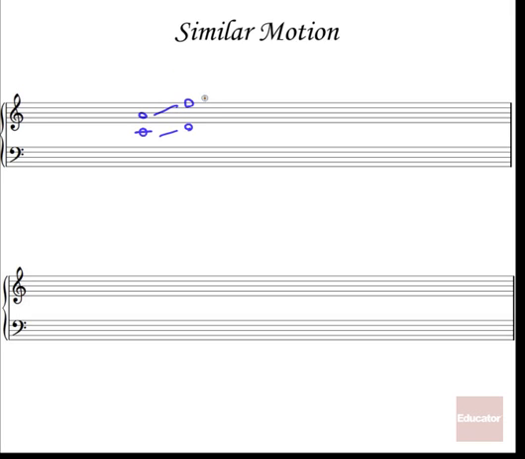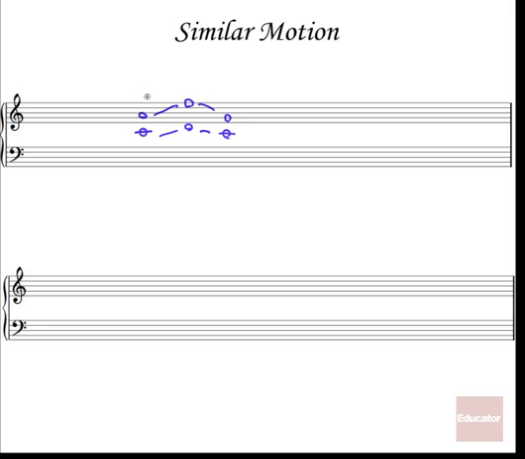So similarly, we can move this D back down to a C, and then this F down to a G. And this will give us another similar motion.